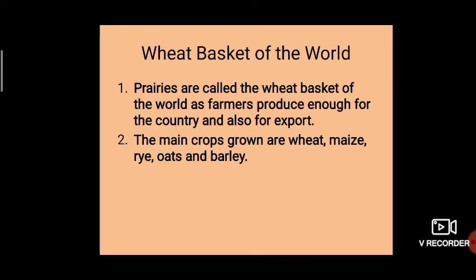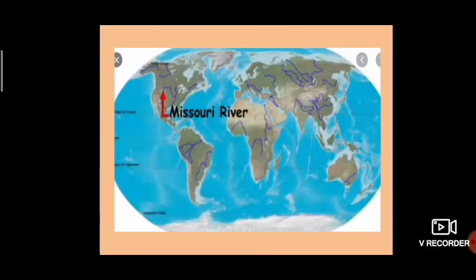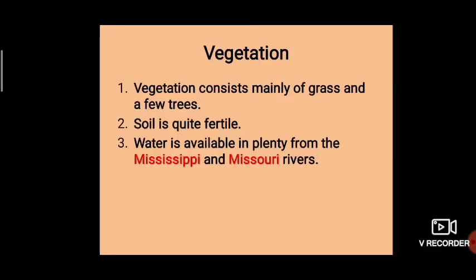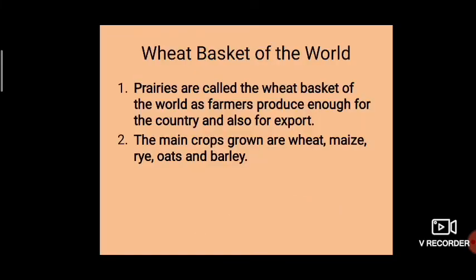The farmers produce enough for the country and also for export. Actually, because of these two rivers, Missouri and Mississippi, the soil is very fertile. As the soil is fertile, production is more. So prairies are called the wheat basket of the world.